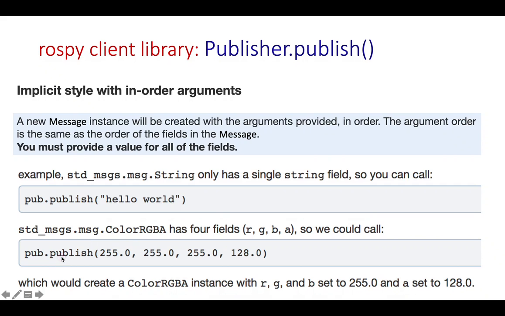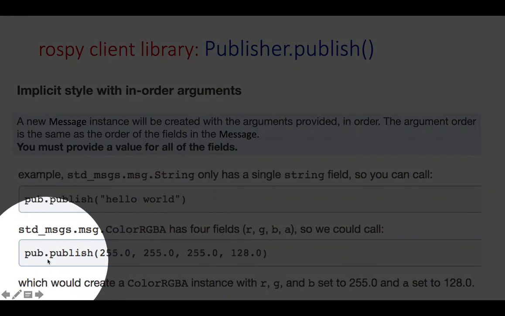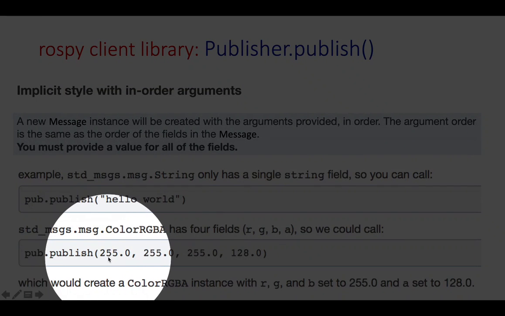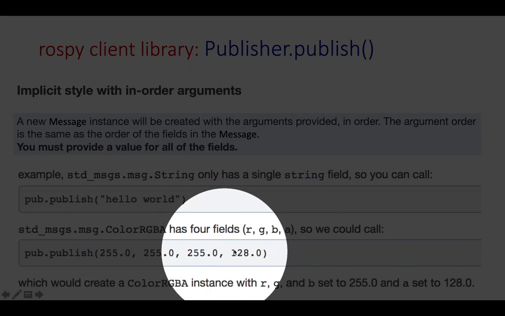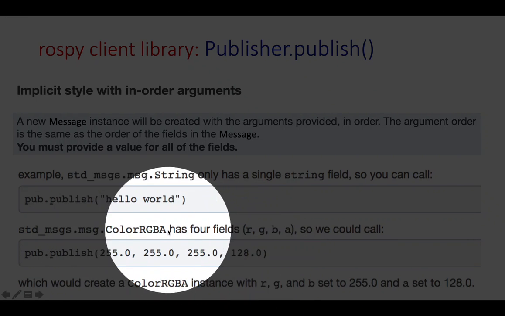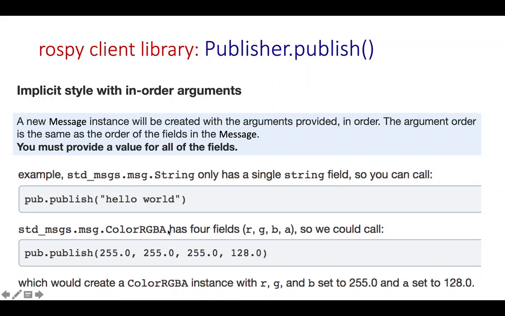Maybe this is the best example. So here, when I invoke .publish, I am passing values for all the fields of this RGBA. Okay, so I'm directly passing the values because previously I would have told ROS that this topic requires RGBA type messages, so I can directly pass values in .publish as well. Is it clear?